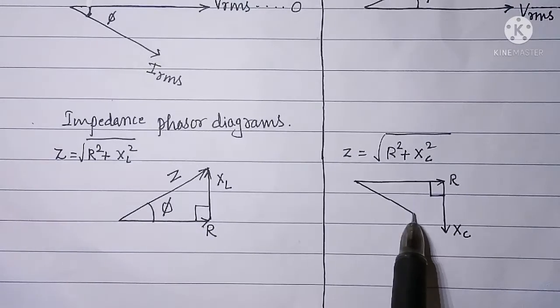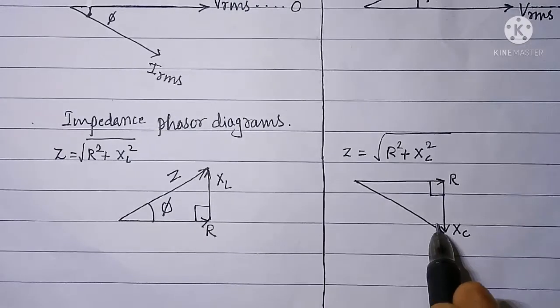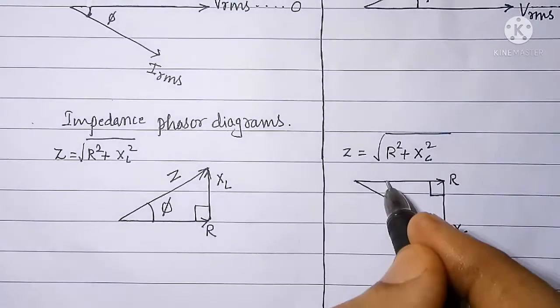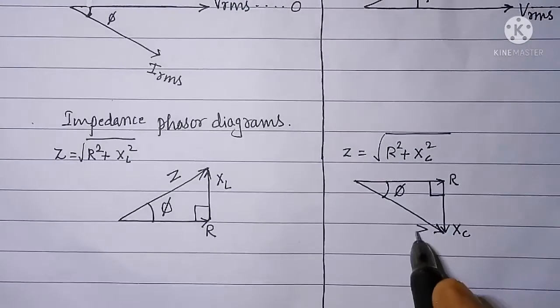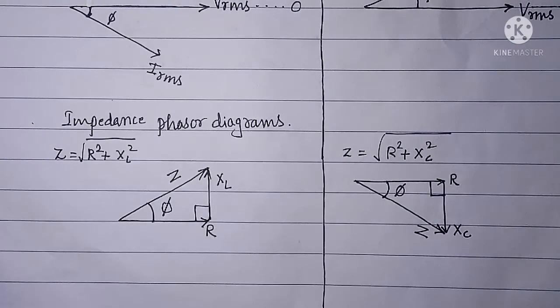And Z is nothing but hypotenuse phasor, and is at phi degree to R.